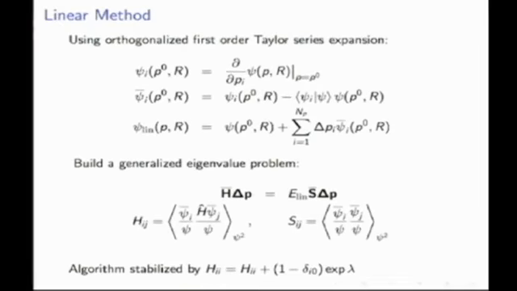These basis states are built from the derivatives of the trial wave function with respect to the parameters, evaluated at the parameters that are currently in the trial wave function. So this really is just a Taylor series expansion to first order in the wave function derivatives.